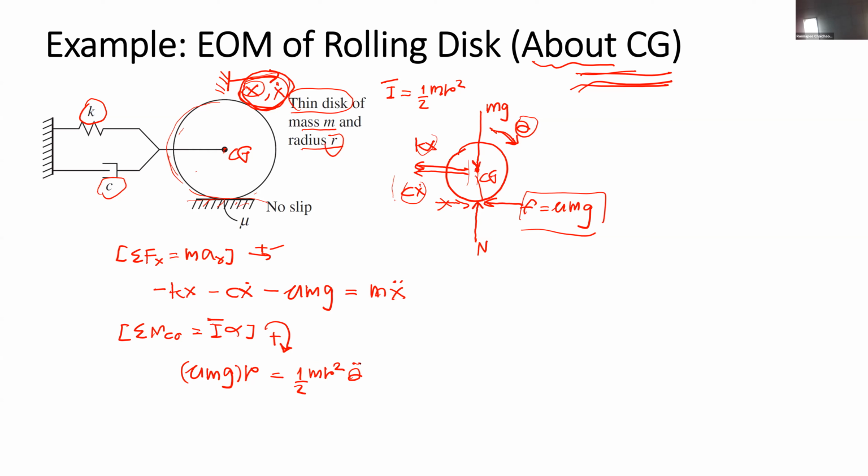And by the geometric constraint of rolling without slipping, we can find that x equals theta r, x dot equals theta dot r, and x double dot equals theta double dot r.